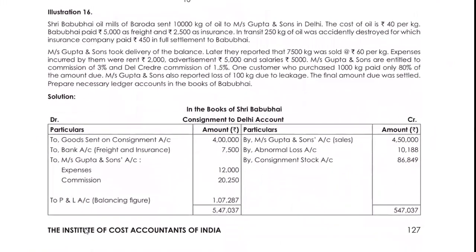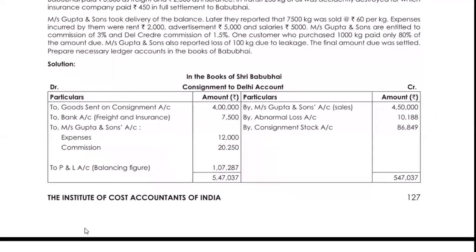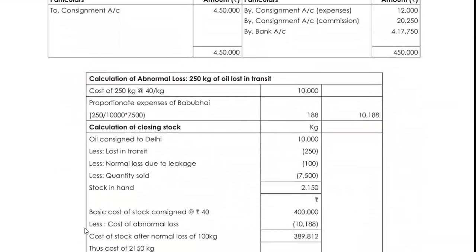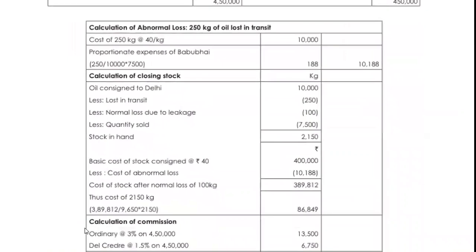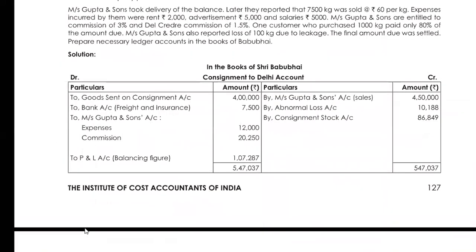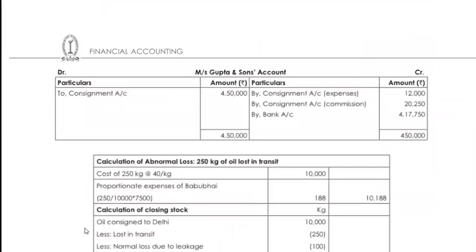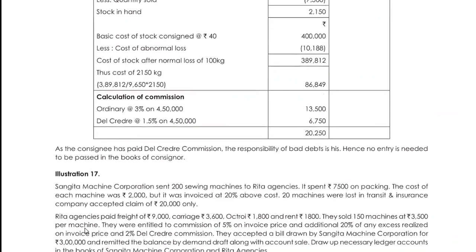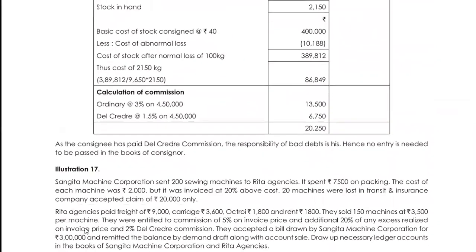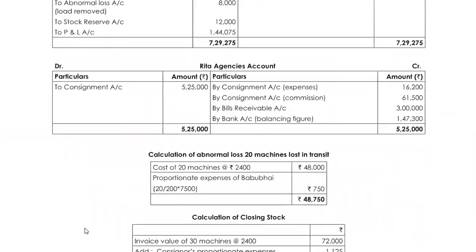Okay, बस वहाँ पे joint venture किया था, यहाँ पे consignment करना। ये वही वाला सम, joint venture वाला सम। 17.